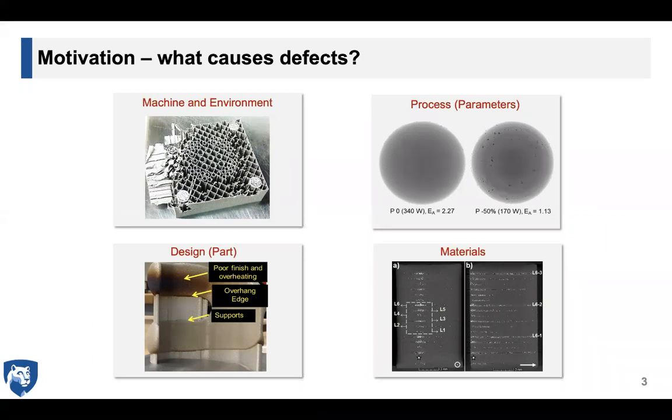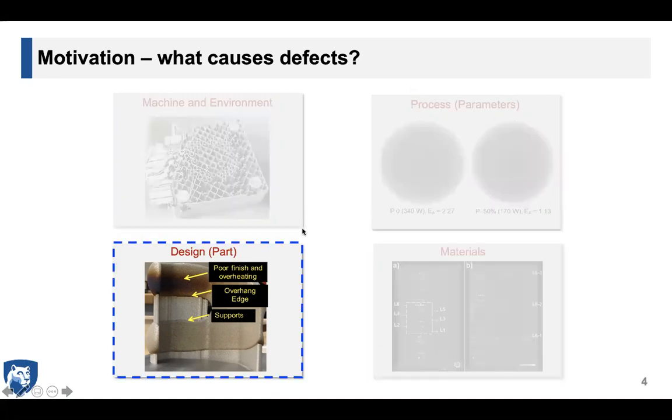The third one is design parameters. For example, how tall your build is going to be, how wide the part is going to be, or what orientation you want to print the build in, and those factors will all affect the outcome. And the last one is related to the material. In this study, we want to focus on the design quality interaction in AM.